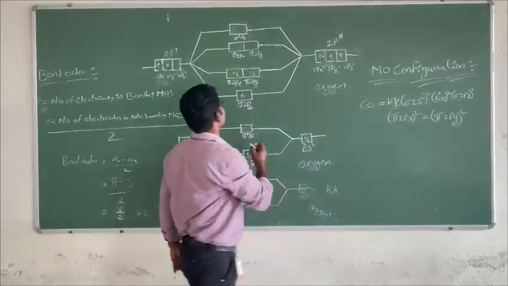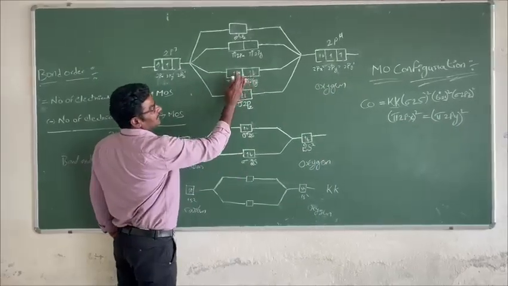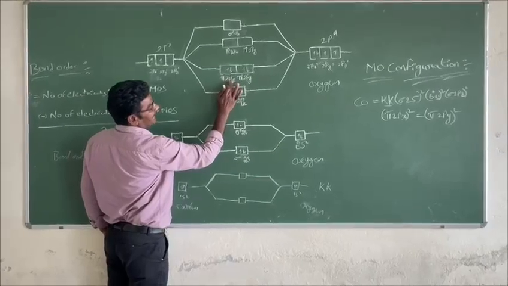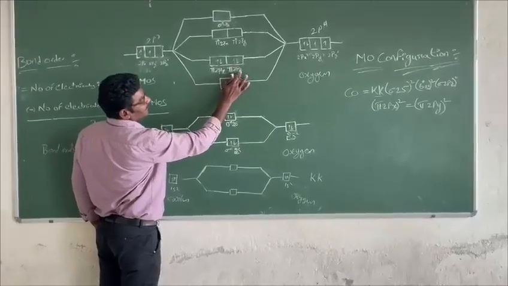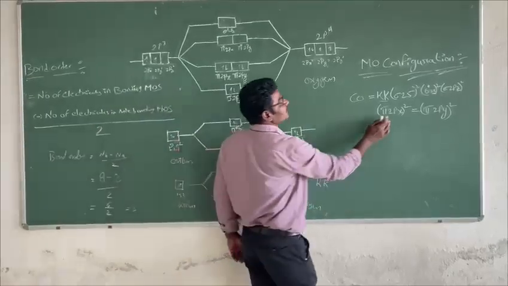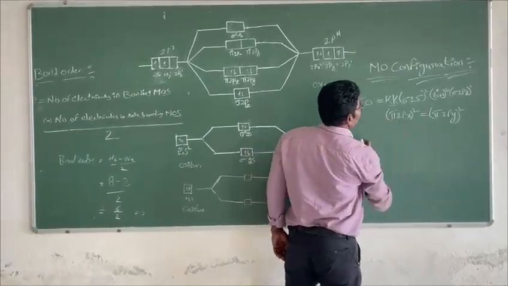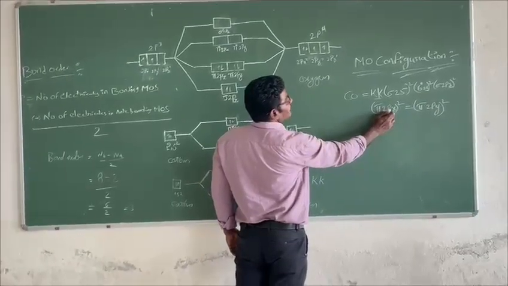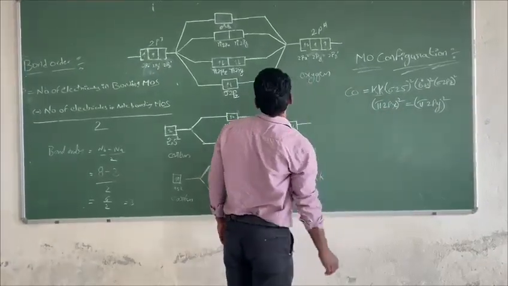Equal means these two are at equal energy levels: the pi 2px orbital and the pi 2py orbital. These two are equal energy orbitals. That's what we have to make equal. The 2px orbital and 2py orbital both are equal.